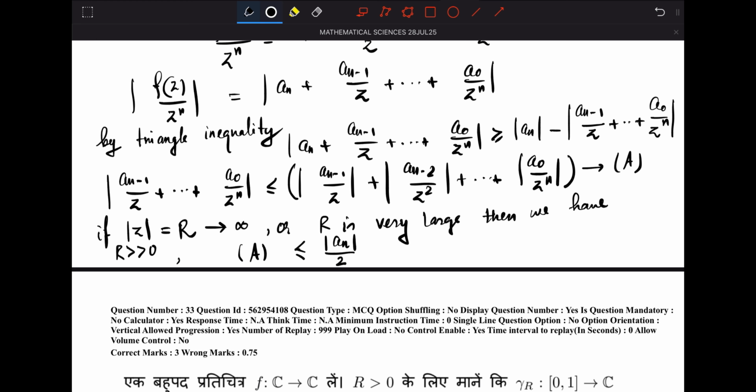So we are increasing the mod of z. So as mod z tends to infinity, for sufficiently large r, mod z equal to r, we have the quantity a less than or equal to mod of a_n by 2.